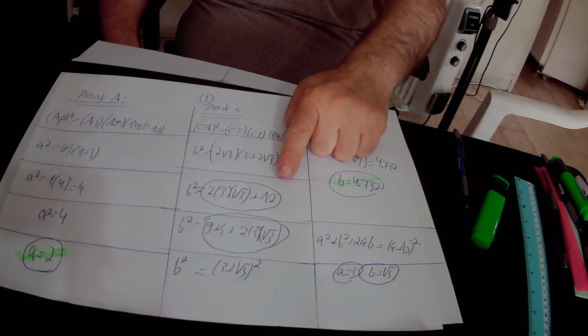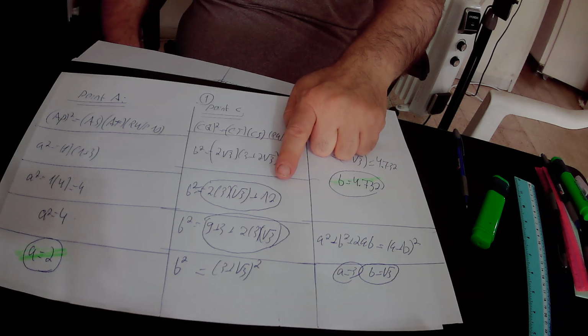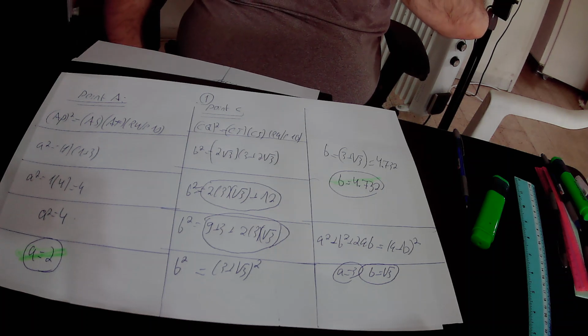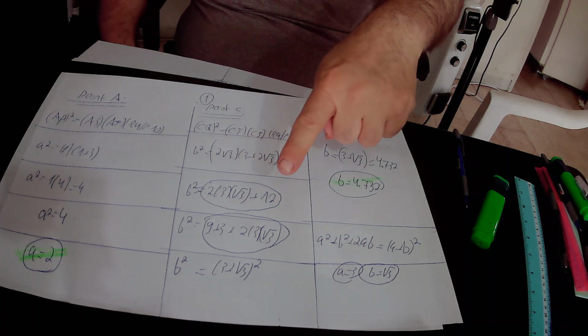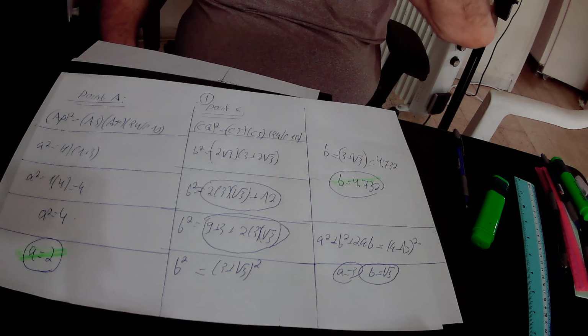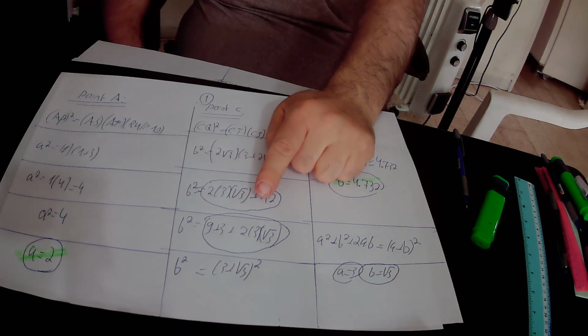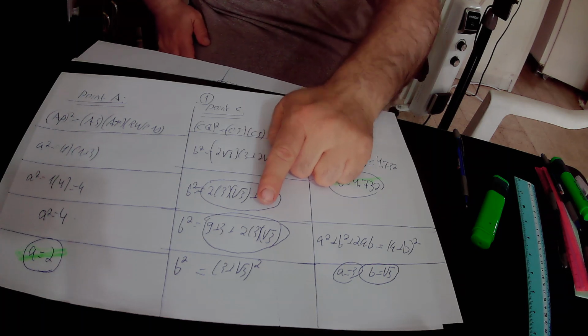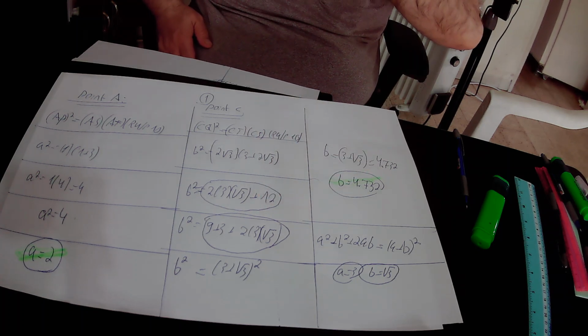Here we substitute 12 by 9 plus 3. And we found out that B square equals 9 plus 3 plus 2 times 3 times square root of 3.